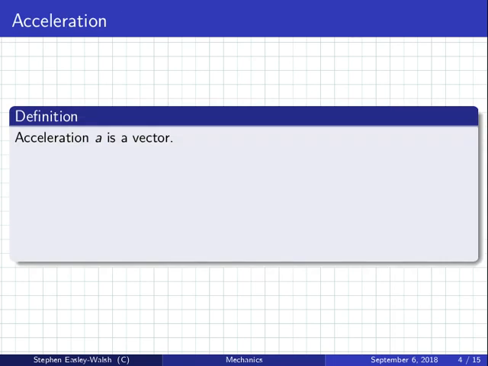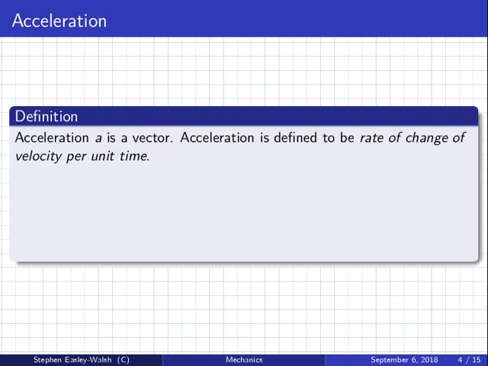Now, does anyone know what acceleration is? The definition. How fast it gets to its speed? Close. Just need to fix the language a little bit. Acceleration is the rate of change of velocity. So as a formula, it's the change in velocity over the change in time.